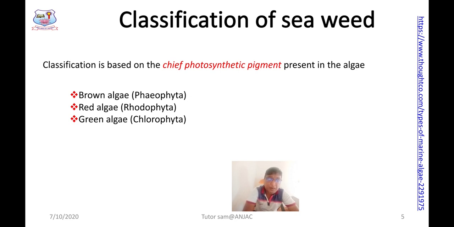If it contains red pigment, it is called red algae and belongs to Rhodophyta. If it contains green pigment, it is called green algae and belongs to Chlorophyta. So the classification of algae is very simple, based upon the nature of photosynthetic pigments.